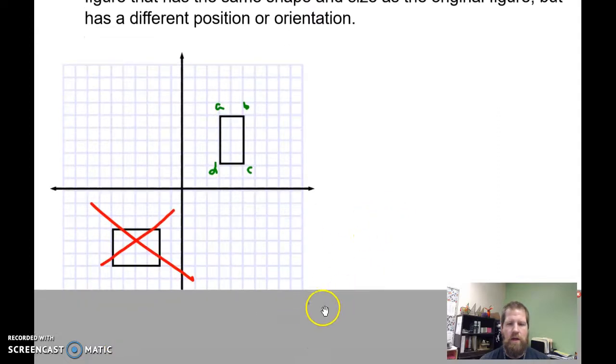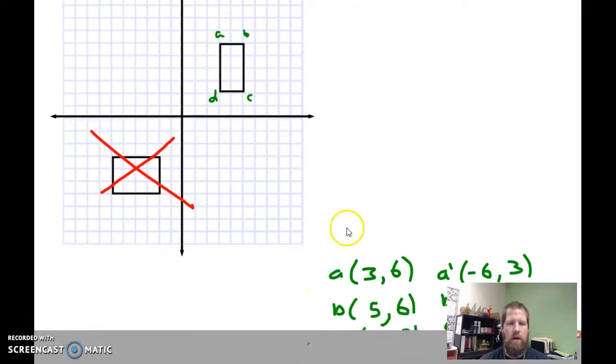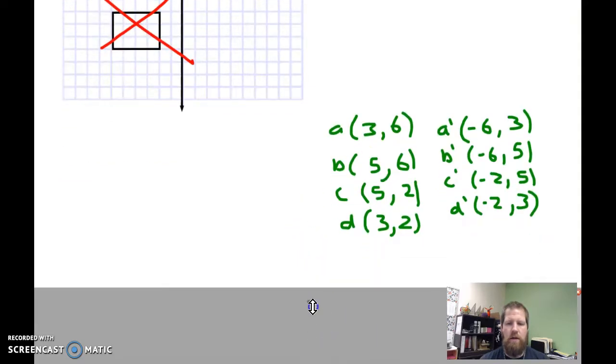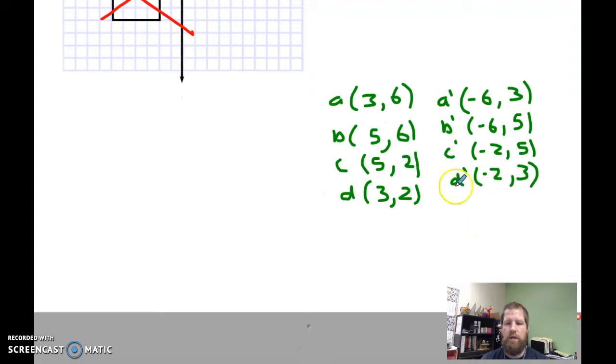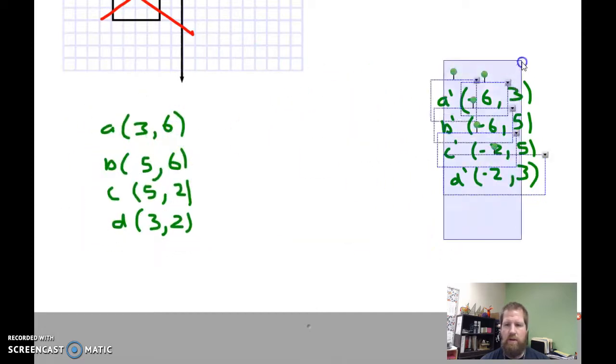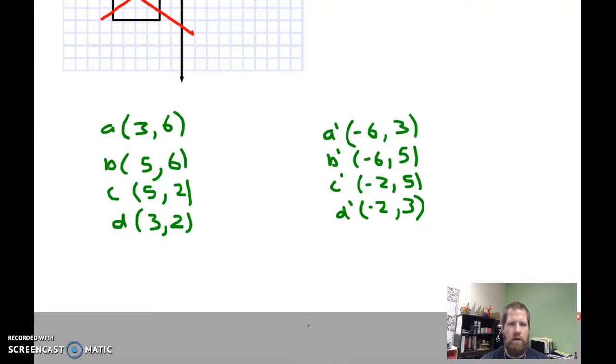Okay? Now, sometimes you won't have your figures on graph paper. Sometimes it'll be done mathematically. You'll be just going from coordinates. And let's go ahead and spread these out a little bit. Okay, so if these are my coordinates, I go from A to A prime, B to B prime, C to C prime, and D to D prime.